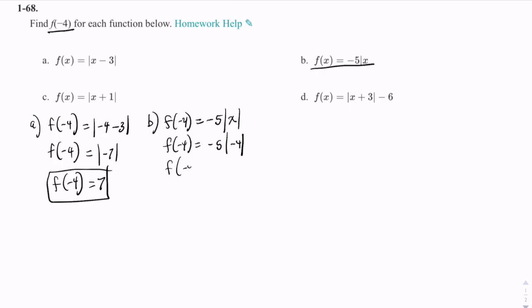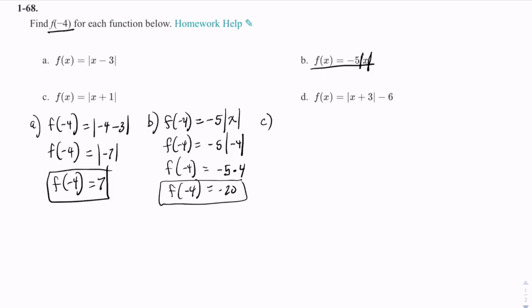I'm guessing this is a typo in the book, and that was supposed to be absolute value, which is negative 5 times 4. The absolute value of negative 4 is 4, so f of negative 4 equals negative 20, and that does sync up with the answer in the book. Okay, hopefully that's fixed in the electronic version by the time you're watching this video.